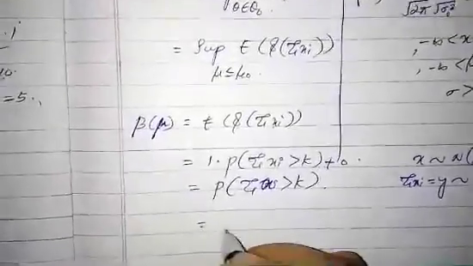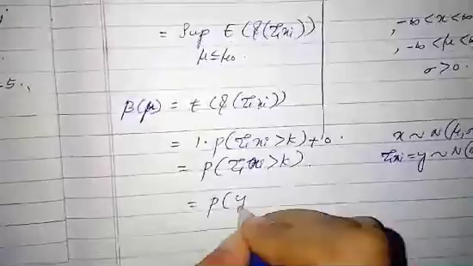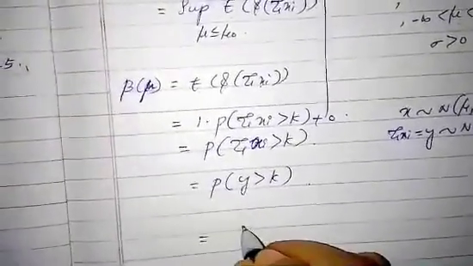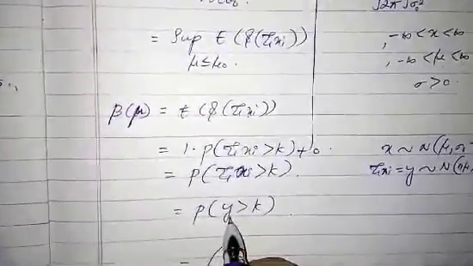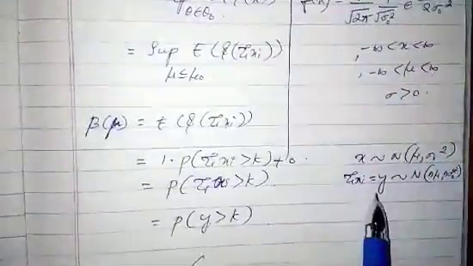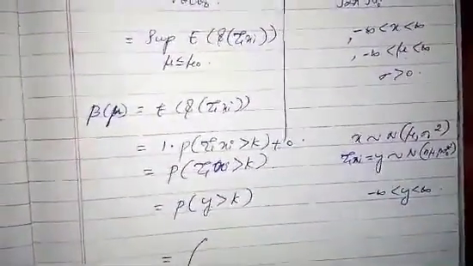So it is equal to the probability that summation xi, which is y, is greater than k. We can write this as an integral, and we know the range is minus infinity to infinity, so minus infinity less than y less than infinity.